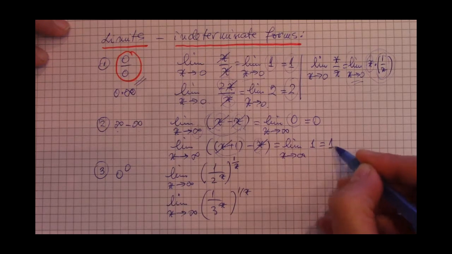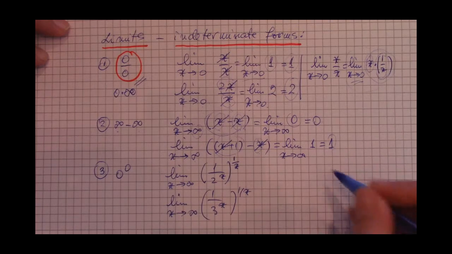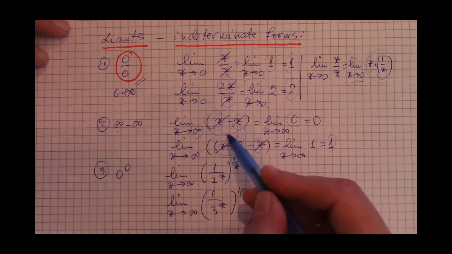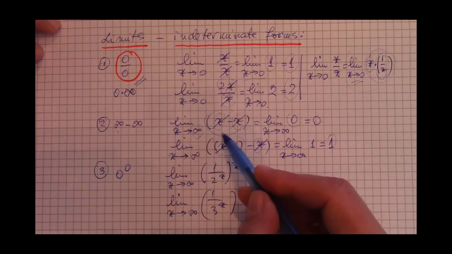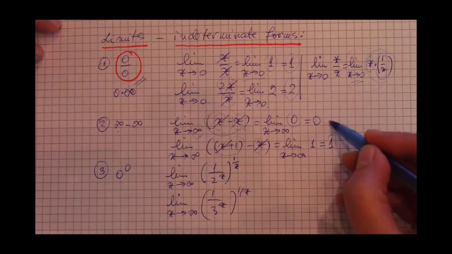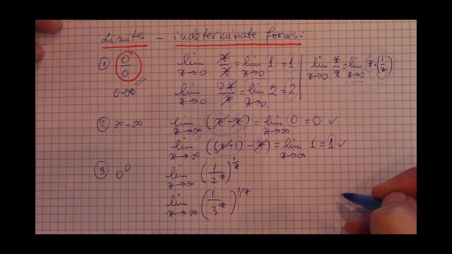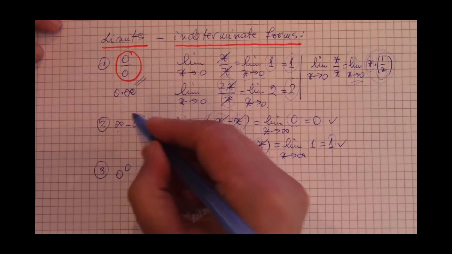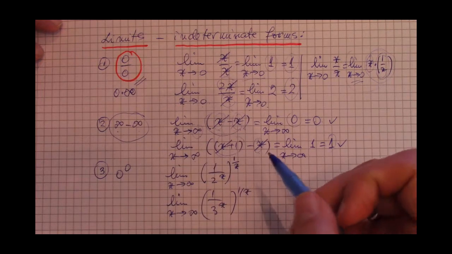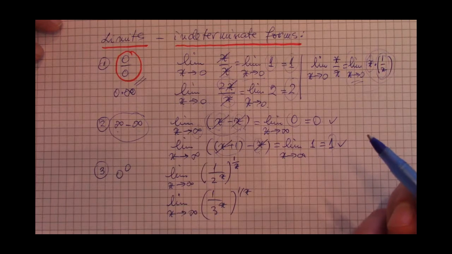Again, 1 has nothing to do with any x, so this limit is equal to 1. So what we can loosely refer to as infinity minus infinity in one case turned out to be 0, in another case turned out to be 1, so we cannot associate any value to this. Infinity minus infinity has to be worked on.